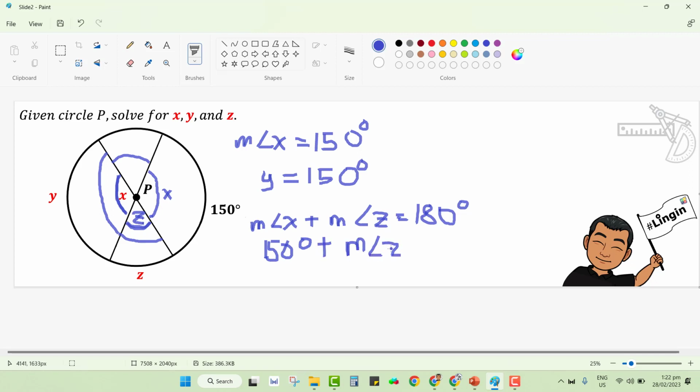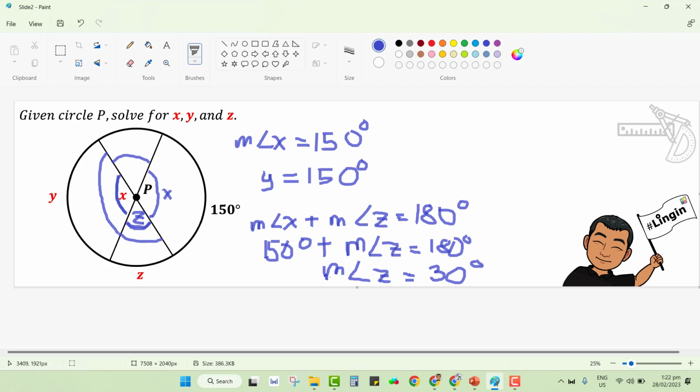Simply plug in the value for the measurement of angle x, 150 degrees, plus the measurement of angle z. Don't worry about whether z is an angle or arc. Again, they just have the same measurement, equal to 180 degrees. And by doing that, we could show that the measurement of angle z is 180 degrees less 150, which is equal to 30 degrees.